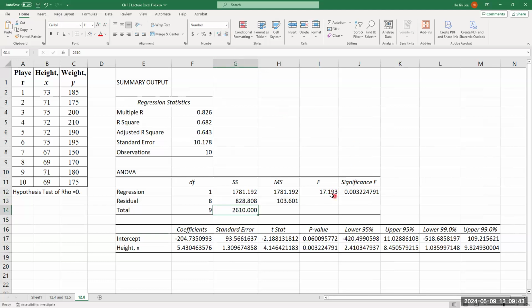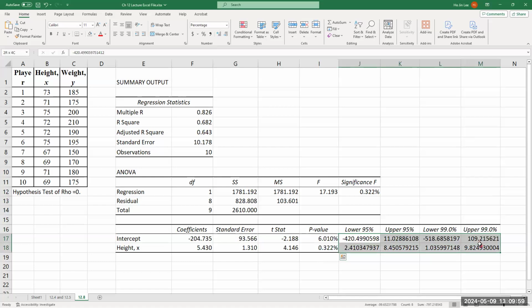This one is a percentage, so I'll put it in percentage, 3 decimals. These p-values are percentages, and all of these 3 decimals.